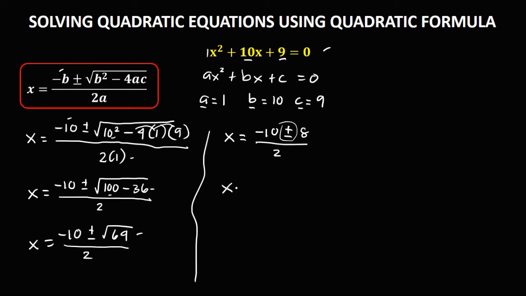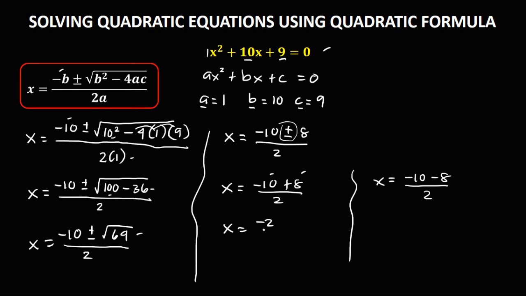We have x equals negative 10 plus 8 over 2, and the other one, x equals negative 10 minus 8 over 2. Then simplify: x equals negative 10 plus 8, this one is negative 2, over 2. So x is equal to negative 2 divided by 2, this one is negative 1.